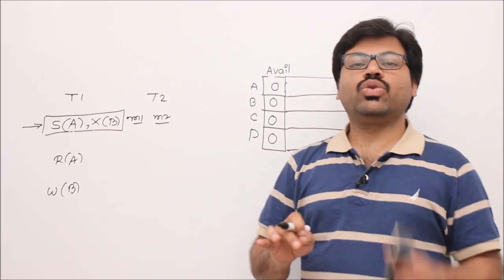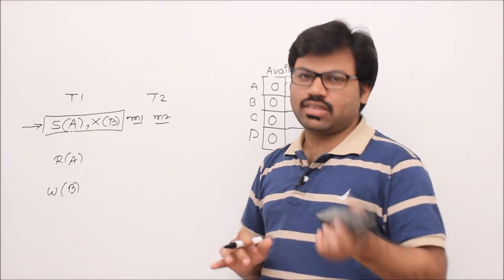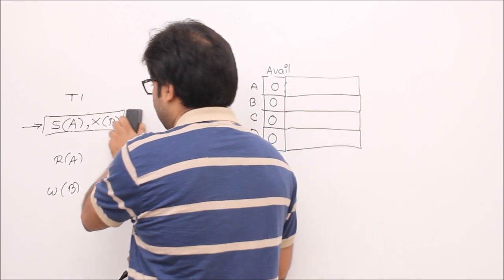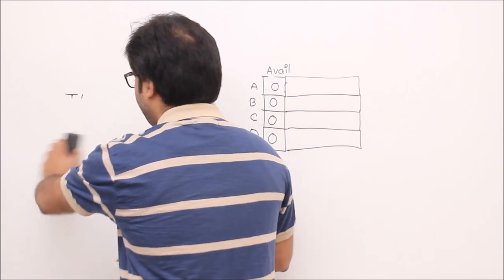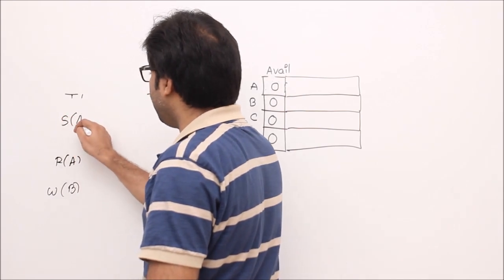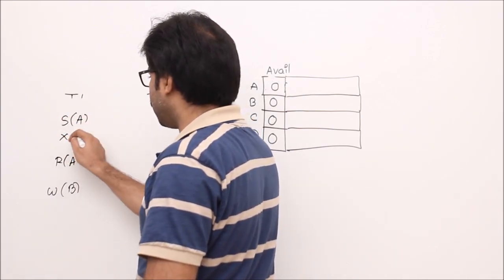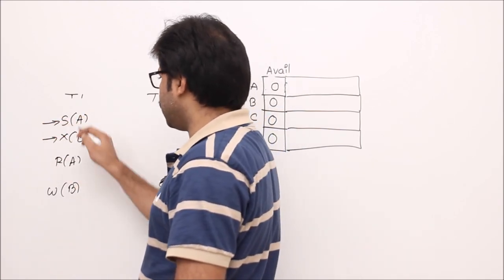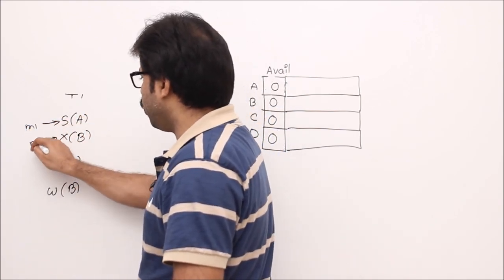Then still you cannot implement this conservative 2PL. Why, we will see. Assume there are two machine instructions, one for acquiring the shared lock on A, one for acquiring the exclusive lock on B, right? So we are doing it using two machine instructions, M1, M2.